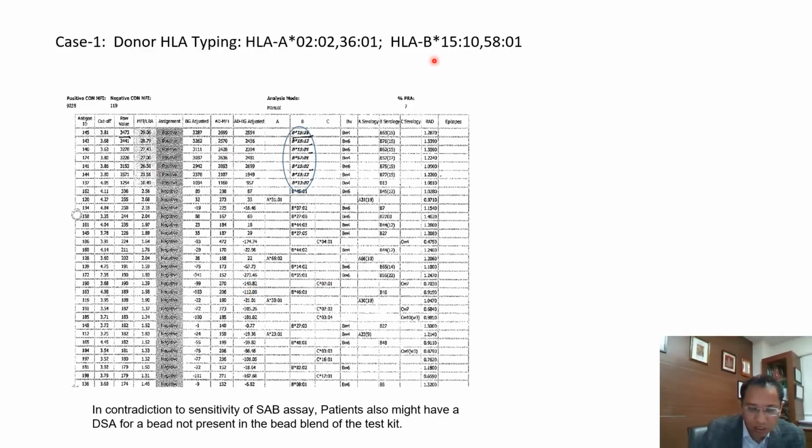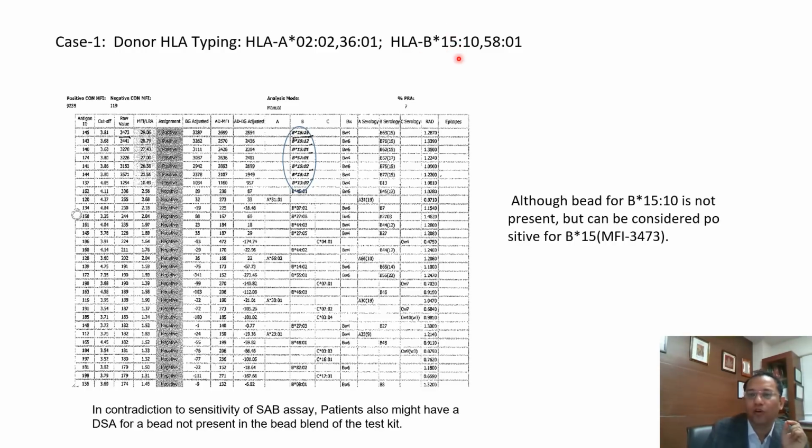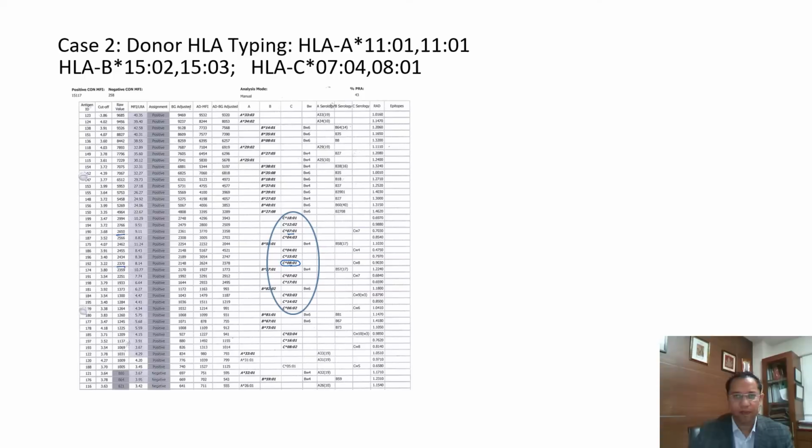But the clue is that all the B15, whether it's 16, 12, 01, 02, are positive. So most probably B1510 will also be positive. This is how we report: although the bead for 1510 is not present, it can be considered positive for B15 with an MFI value of 3473, which is above 1000. So we give it positive.